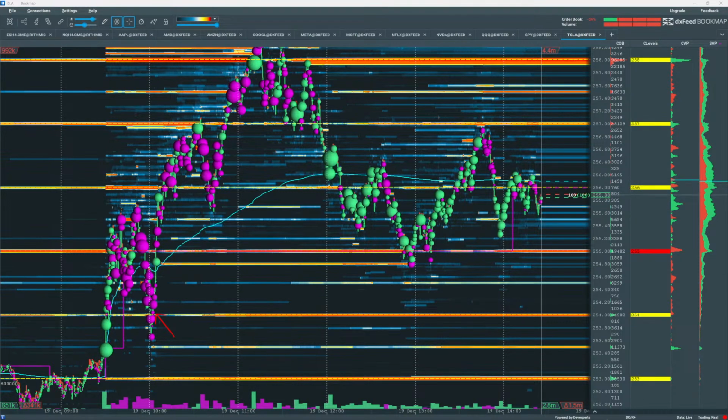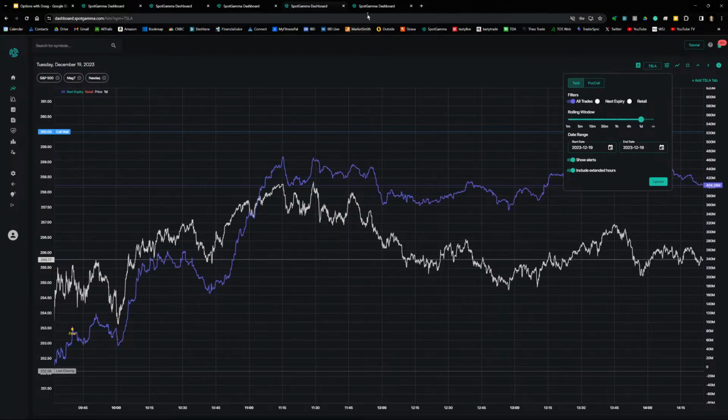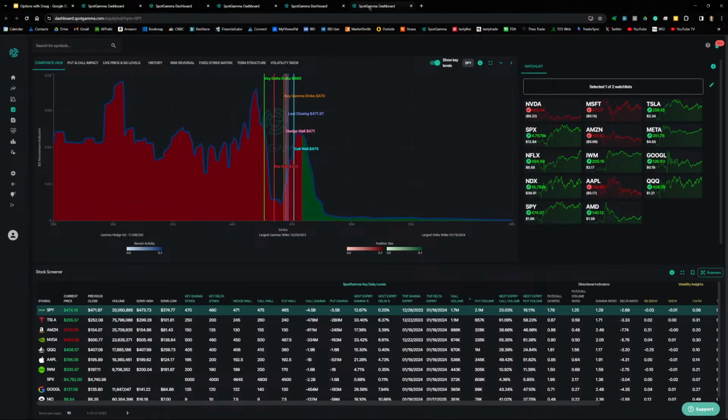So let's take a look at some other tools in Spotgamma to see what we could use to further inform the trade. This is Equity Hub. So this provides more information about individual equities. Let's take a look at Tesla.